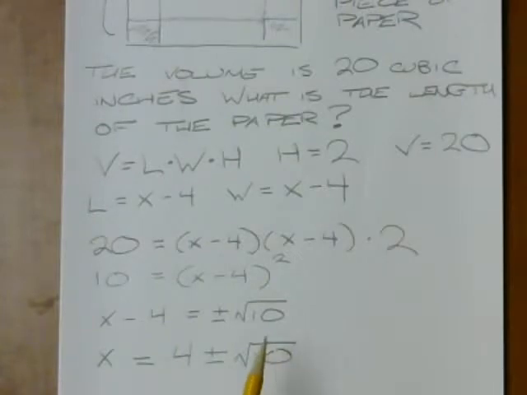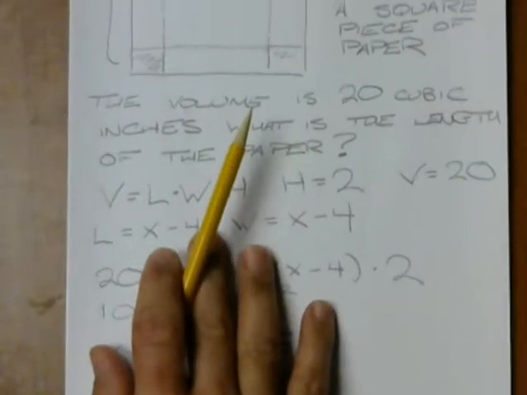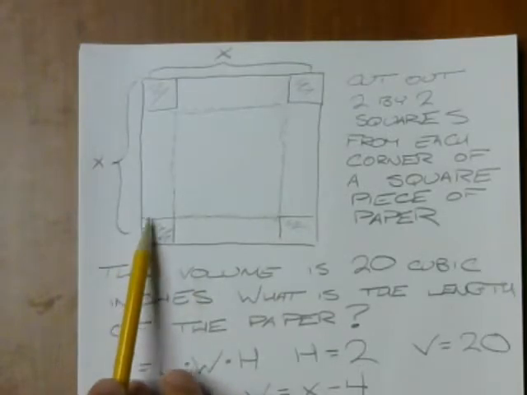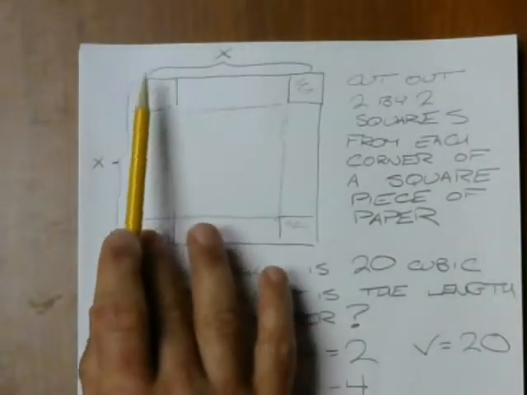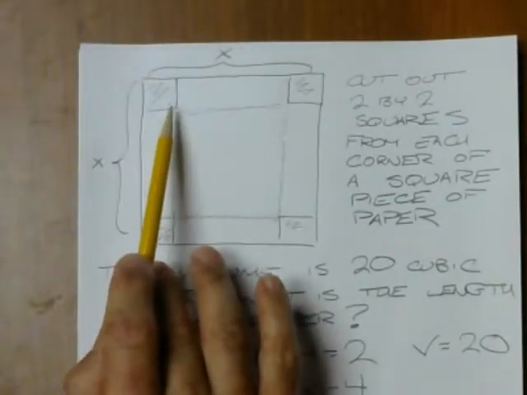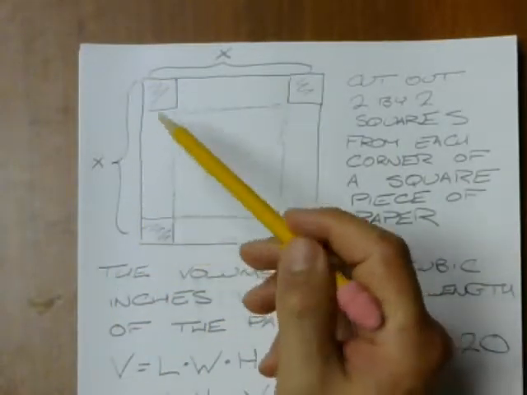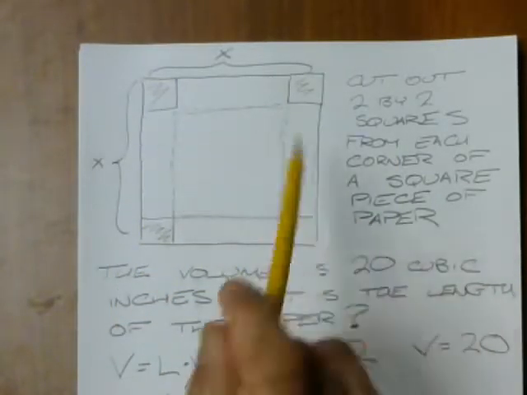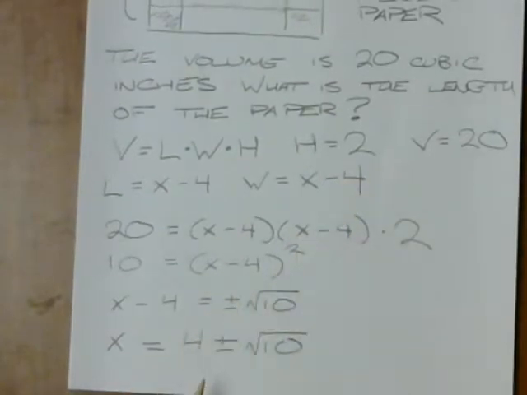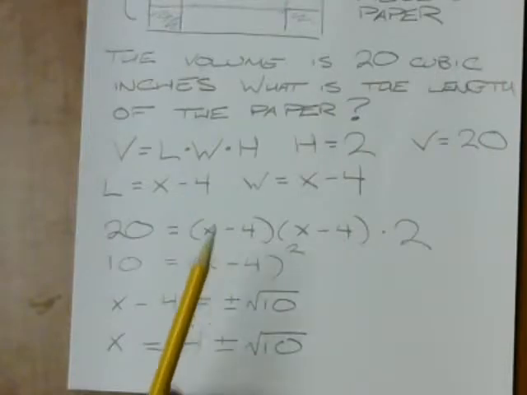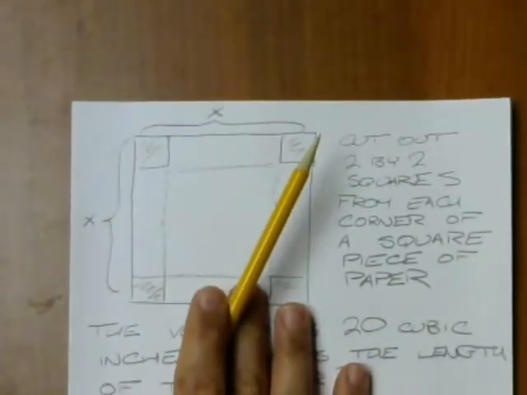Remember, I'm taking my piece of paper and cutting out squares of length 2 by 2. These are 2 by 2 squares. So I'm taking 4 inches off the paper. So let's go back here. Which one of these numbers could I subtract 4 from and have it still make sense?